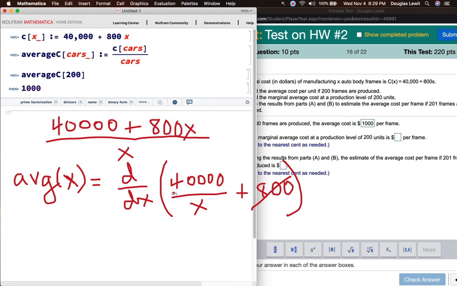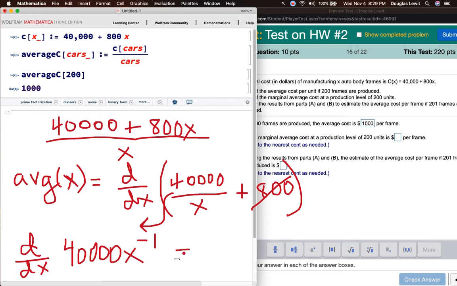So what is the derivative of 40,000 divided by x? Well, that's the same thing as 40,000 times x to the power of -1. How do I find the derivative of 40,000 times x to the power -1? Why don't we just use the power rule?